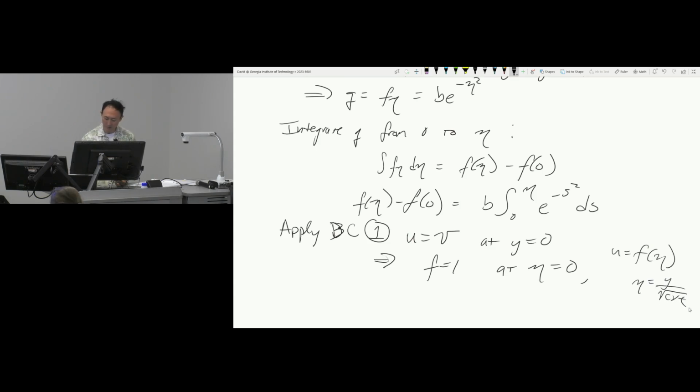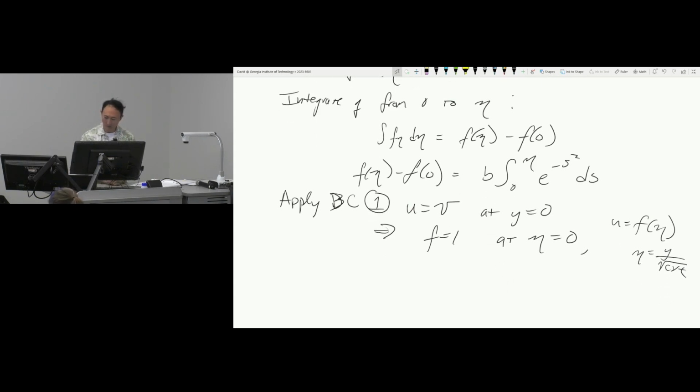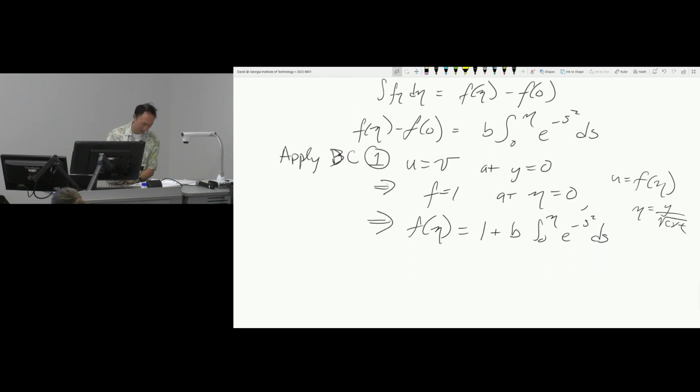So that function is equal to 1 at y equals 0. Okay, so hopefully people see that. And therefore, my f of eta, I'm getting closer, is 1 plus b times the integral from 0 to eta of e to the negative s squared ds. All right, now I'm getting something that looks like something I can deal with.